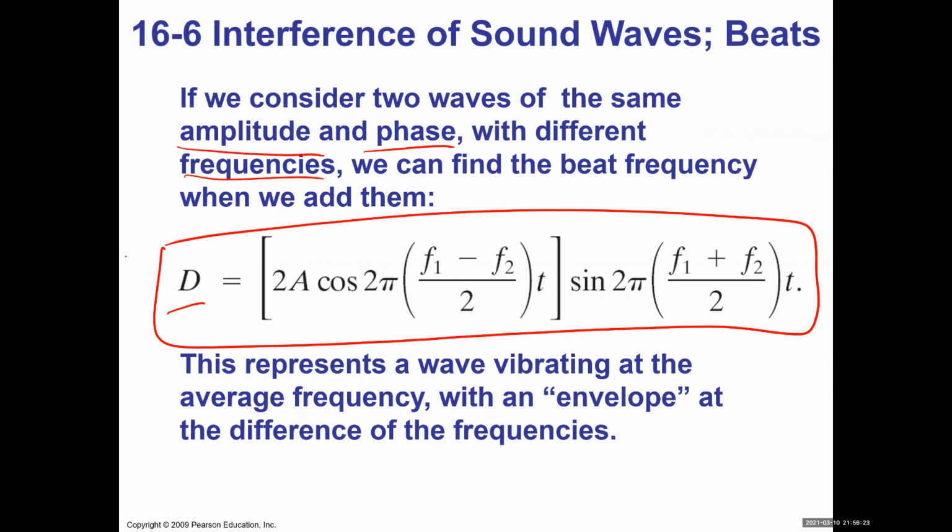This represents a wave vibrating at the average frequency with an envelope at the difference of the frequencies. So it goes like this, but what you have here is that it changes between constructive and destructive interference.